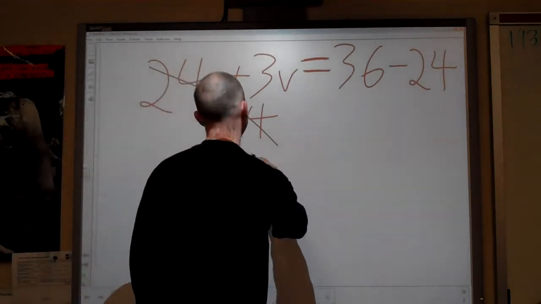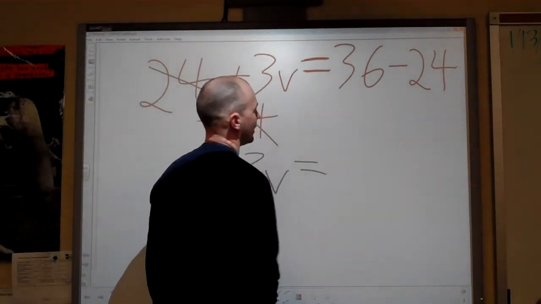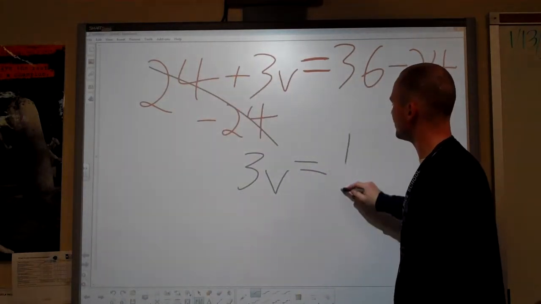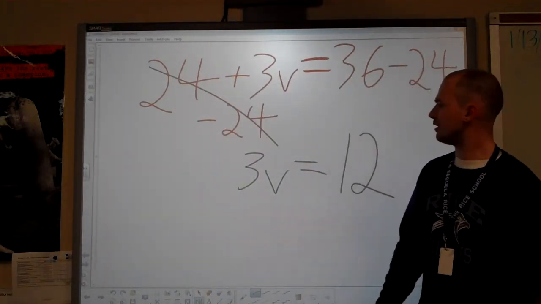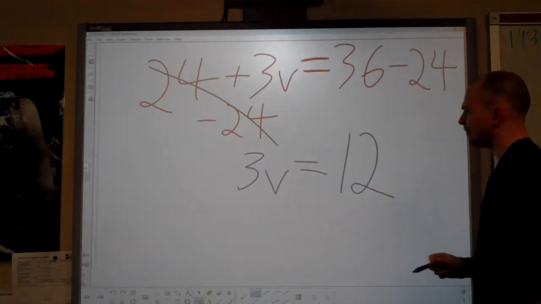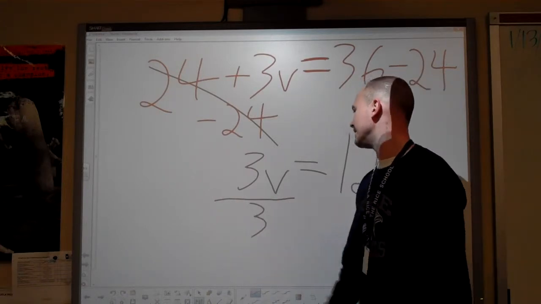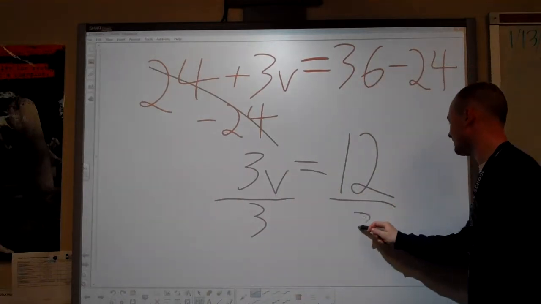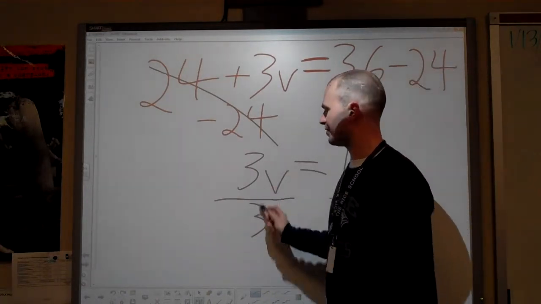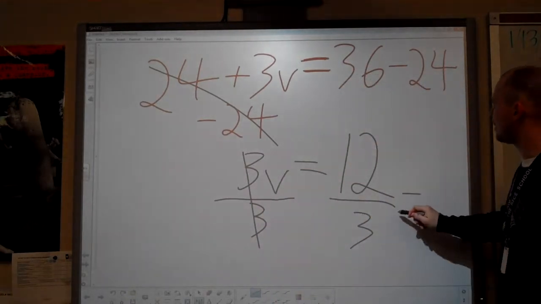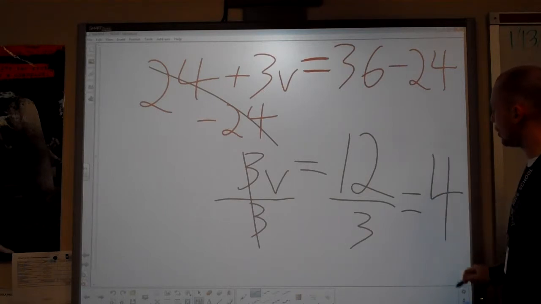So I've got 3V on my left, and on my right, I've got 36 minus 24. 36 minus 24 is 12. So 3V equals 12. In order to get rid of this times 3, I'm going to divide by 3. If I divide this side by 3, I've got to divide this side by 3. Times 3 divided by 3, they cancel out. V equals 12 divided by 3. 12 divided by 3 is 4.